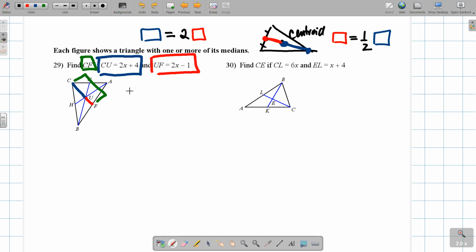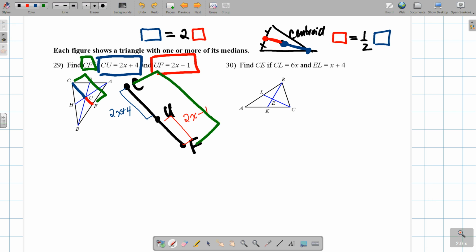So I'm going to pull this segment out so it's a little bit easier to see. C, U, and F. We're going to label. C to U, that's 2x plus 4. U to F, 2x minus 1. Our ultimate ambition is to find C all the way to F.